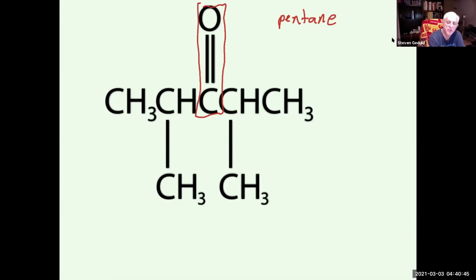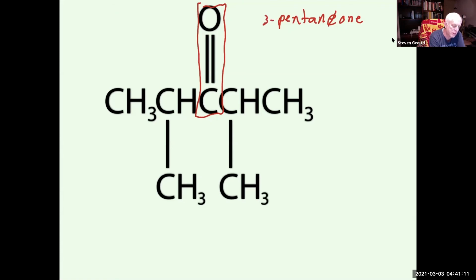There's carbons on both sides of the carbonyl group. So drop the E, add O-N-E. All right. Now, what number is our carbonyl group at? It's at number 3. It's at the number 3 carbon.